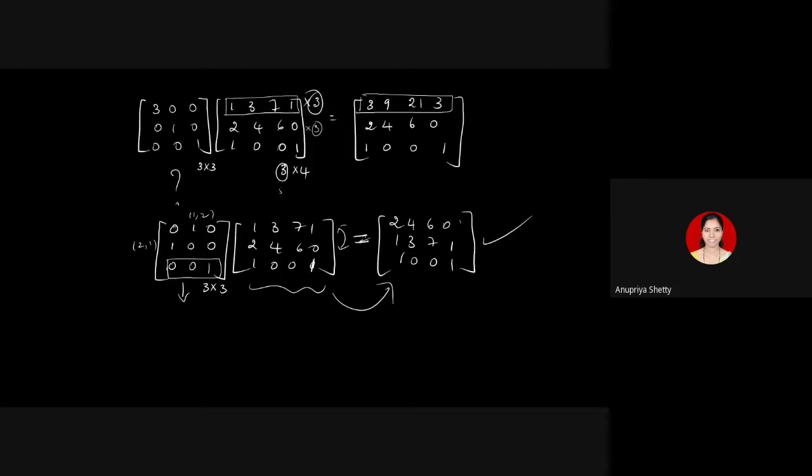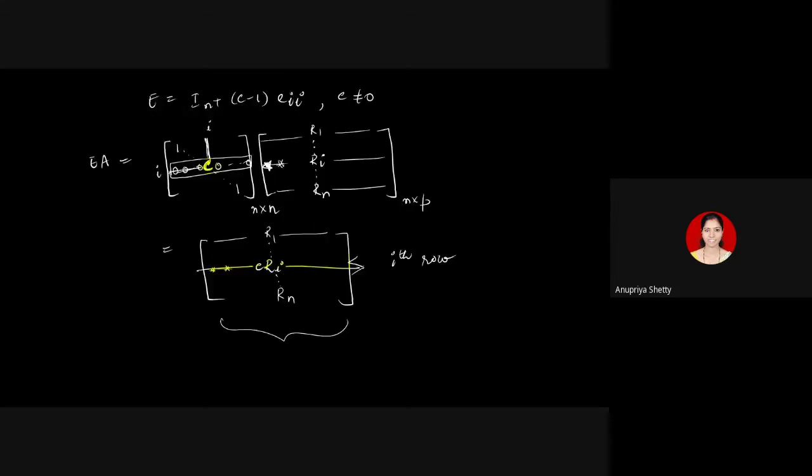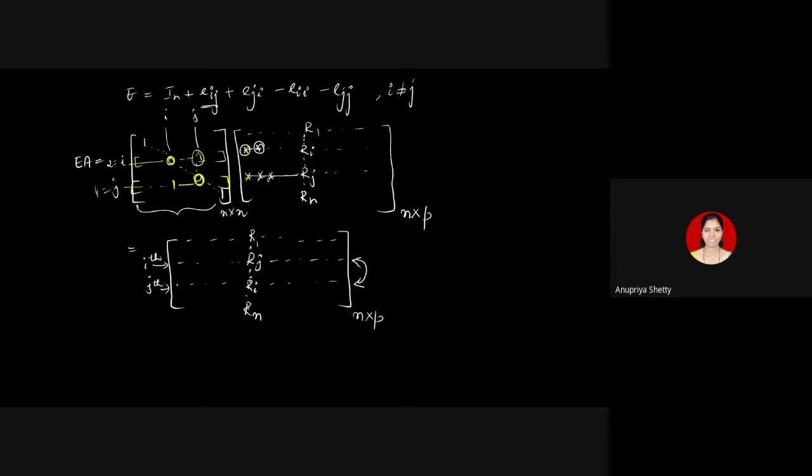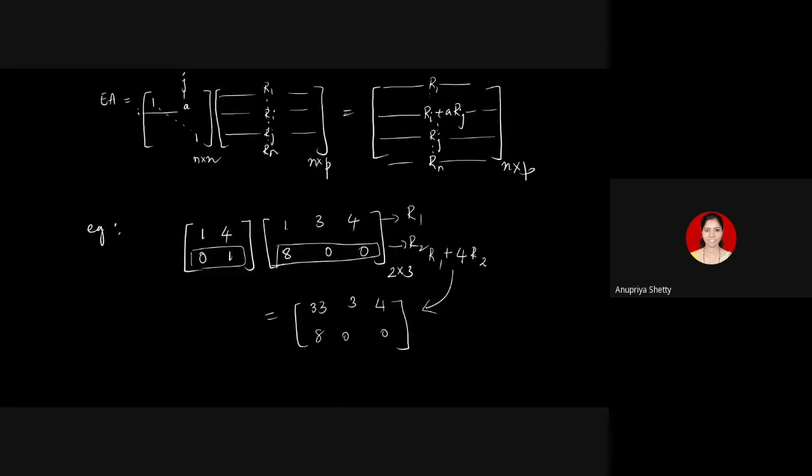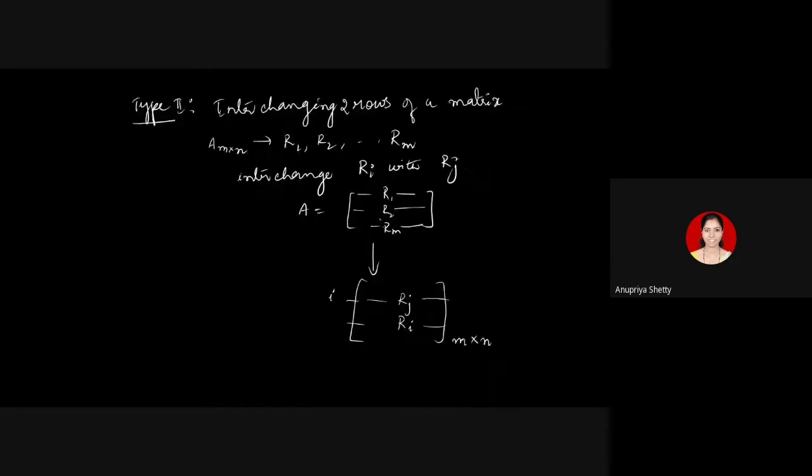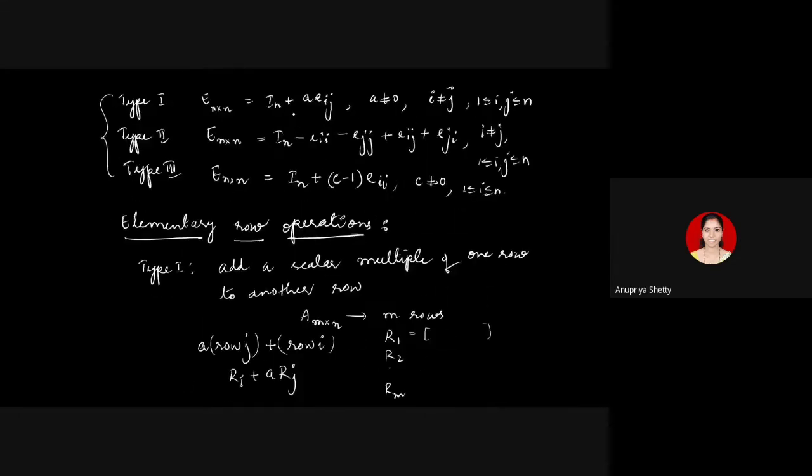Next, we will be proving that these elementary matrices, all three types, are invertible matrices. But in proving that, since the formula of each elementary matrix makes use of matrix units, you see their formula involves matrix units.